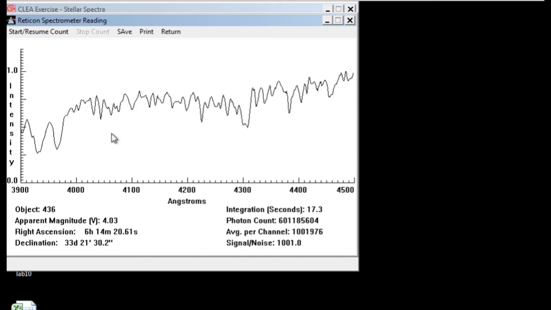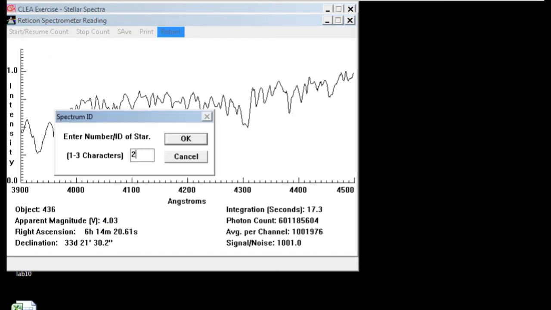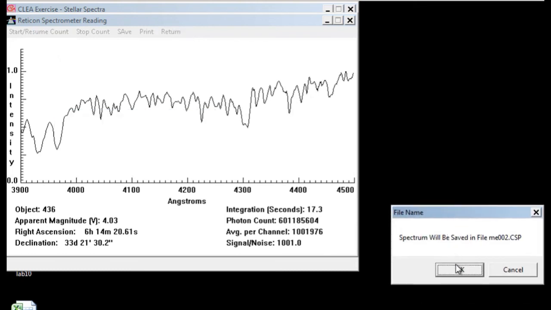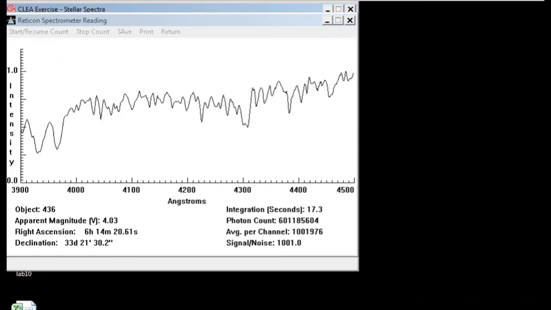Cool. So this is the spectrum we get. Again, we'll save it. This one we will call 2. And we will need to remember that that is the name of that spectrum. All right, so make sure you have the apparent magnitude, 4.03, right ascension, 6 hours, 14 minutes, 20.61 seconds, and the declination, which I believe is 33 days, 21 hours, 30.2 minutes.